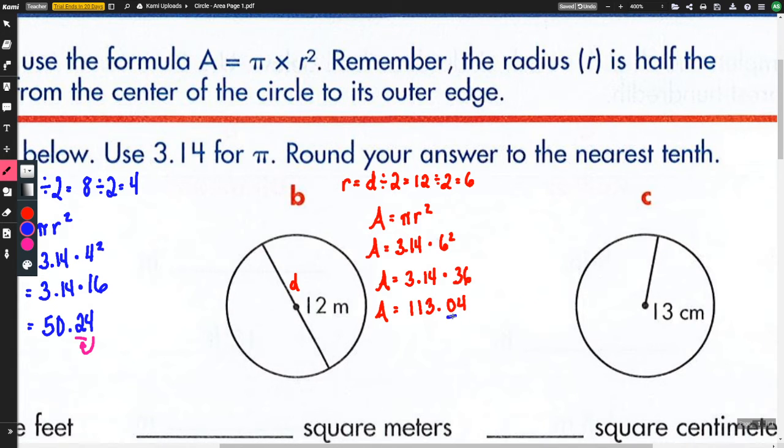Here's my tenth. My tenth is always right of the decimal. I look at my neighbor to the right. Again, it's a 4. 4 tells the 0 to stay the same. I like the way you are. So my answer is 113, or I could put 113.0. Both are correct.